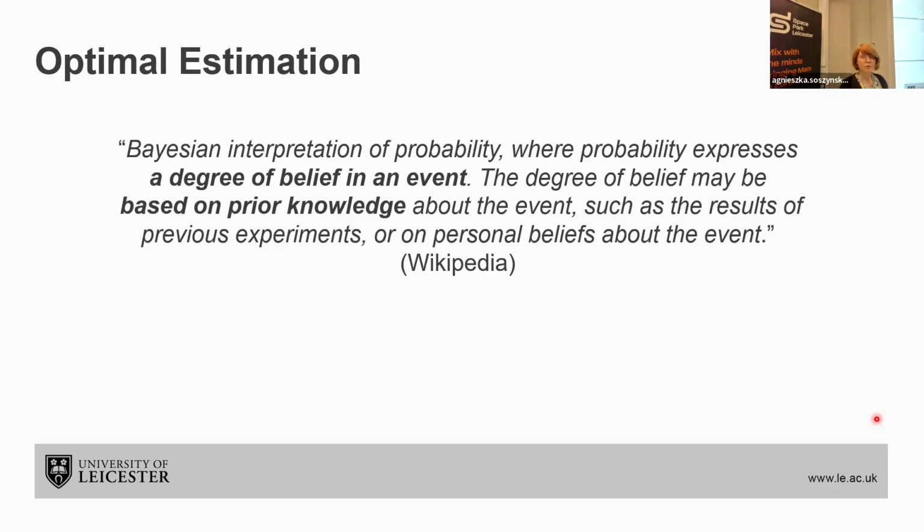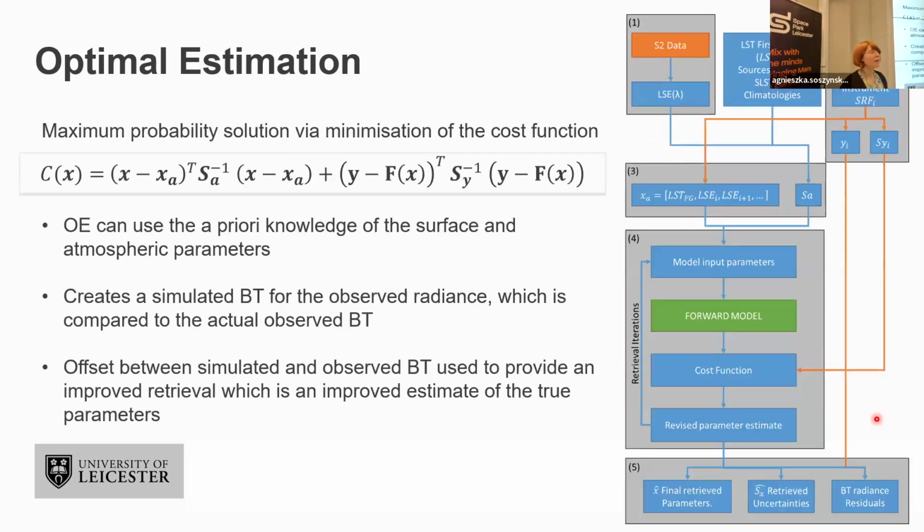So basically, when we have optimal estimation, we have a cost function, or an iterative process again, where we try to simulate brightness temperatures at top of atmosphere. So this algorithm uses top of atmosphere and includes the atmospheric states. And we use some a priori knowledge about the surface to narrow down what we're looking at. And then the cost tells us if we're getting better or worse.